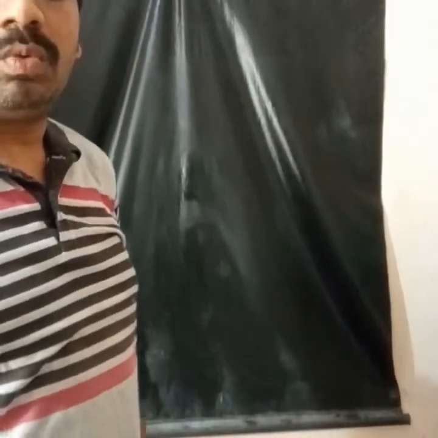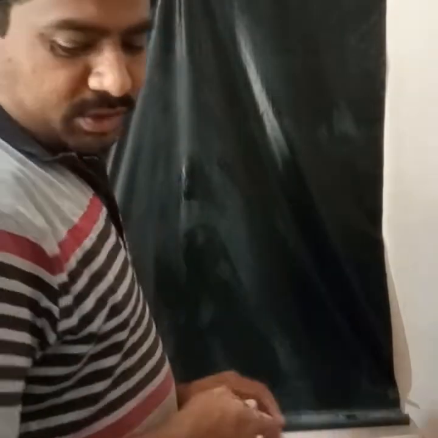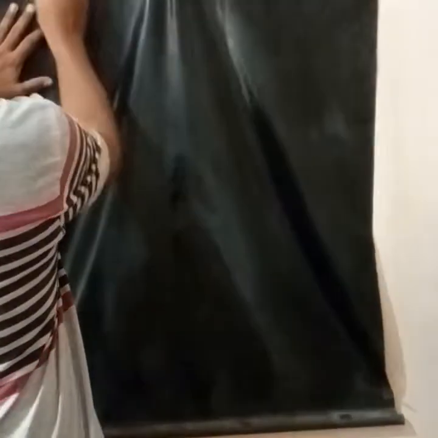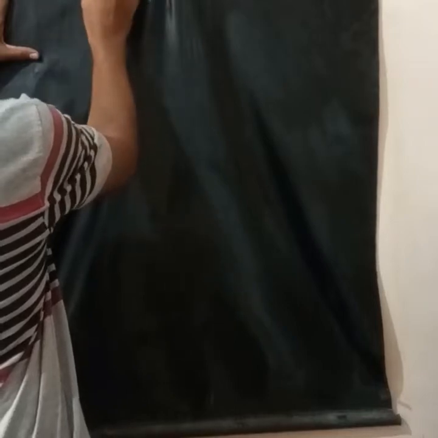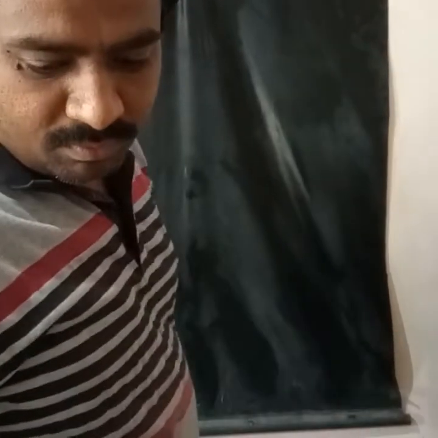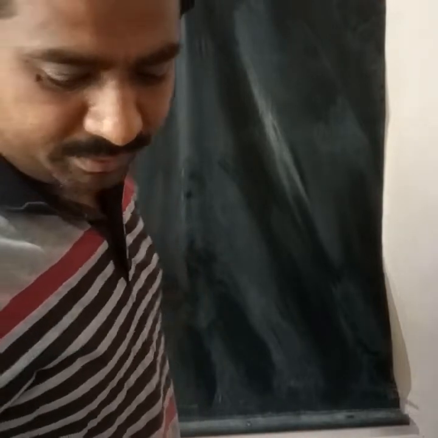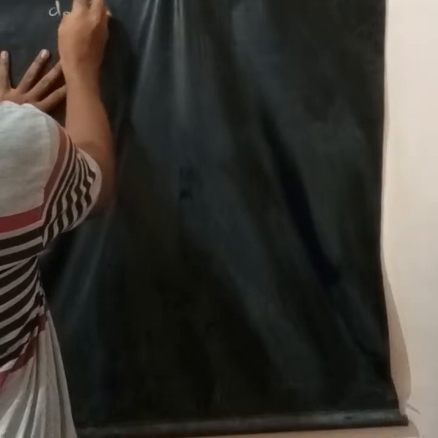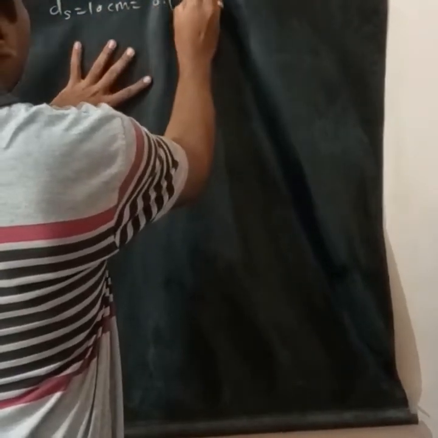So what is given in the problem? The length of the suction pipe and the diameter are given. The length of the suction pipe ls is equal to 5 meter and the diameter ds is 10 centimeter, that is 0.1 meter.